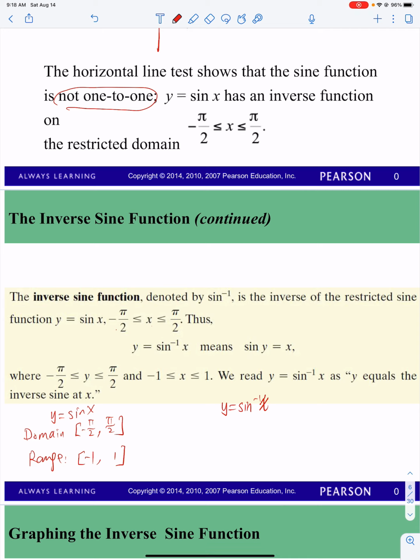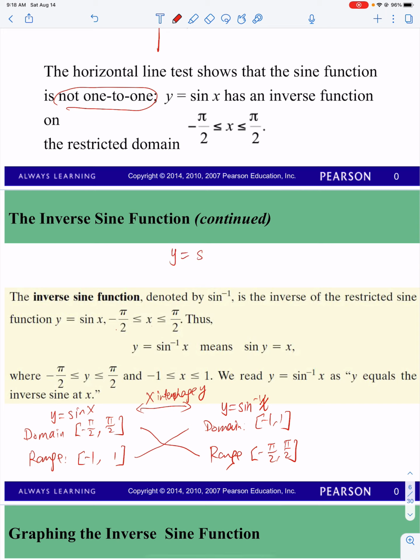Because your x and y interchange. The domain will be -1 to 1. And the range will be -pi/2 to pi/2.